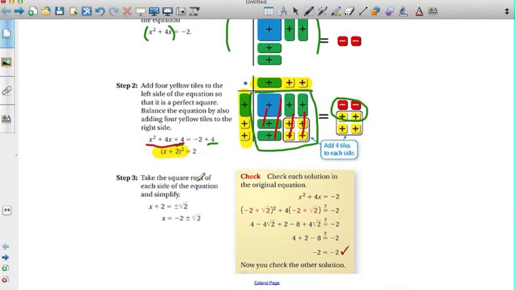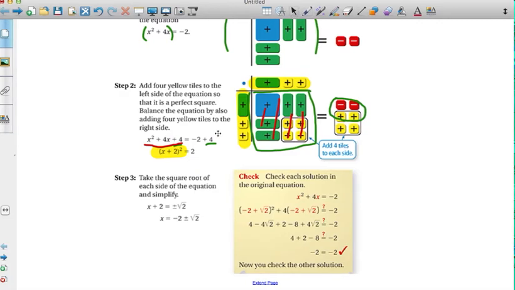Scroll down a little bit further. In order to completely solve this now, what happens is if I take the square root of each side, so square root this side, square root this side, the left side just immediately gets rid of the square, so you're just left with the x plus 2.